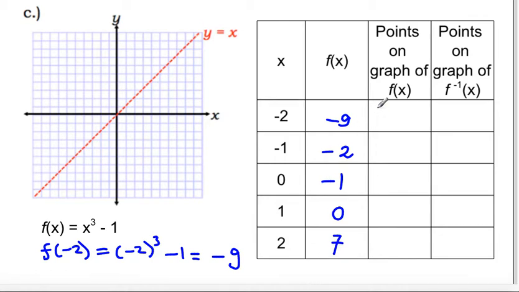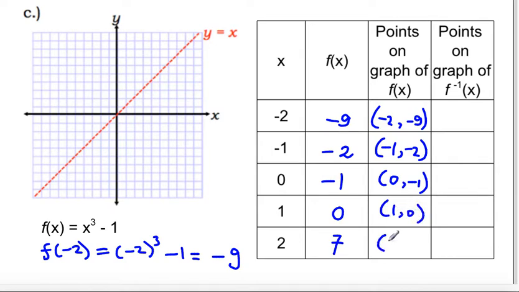So from here you see that you will have (-2, -9) in your graph of function f, (-1, -2), (0, -1), (1, 0), and (2, 7).